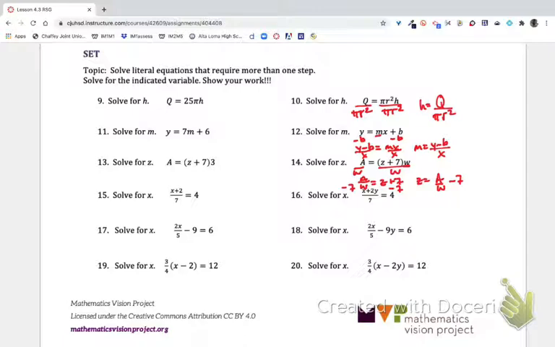One more. Number 18 is a little bit funky. So we want to solve for x. We want to make sure that we get this all by itself. We'll work our way outside to in. We have 2x over 5 equals 6 plus 9y. Then we would multiply both sides by 5 over 2.